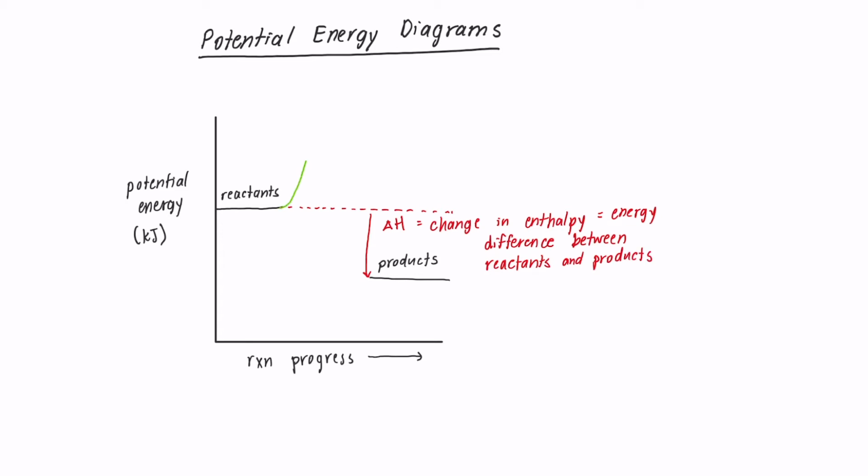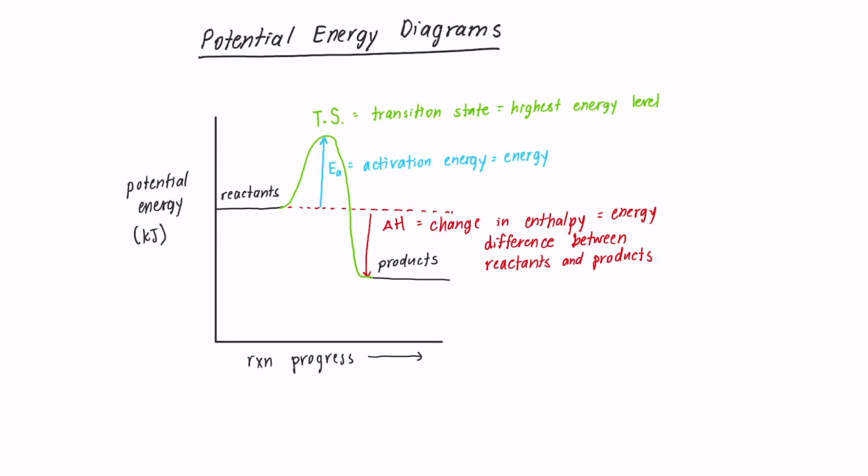In order to get from the reactants to the products, we have to first go to the transition state. This is where the energy is at its highest level. The energy difference between the reactants and the transition state is called the activation energy.